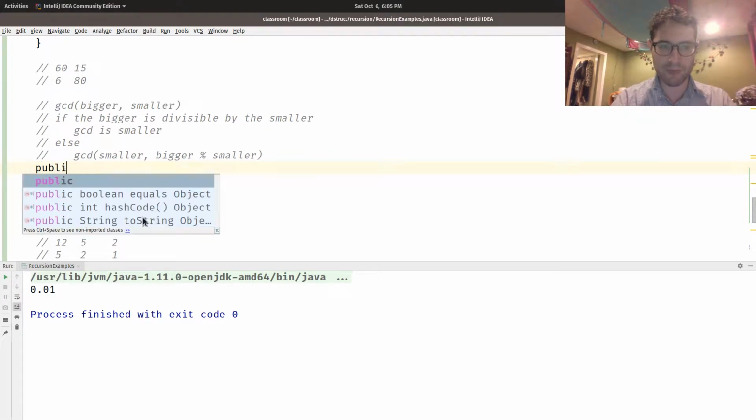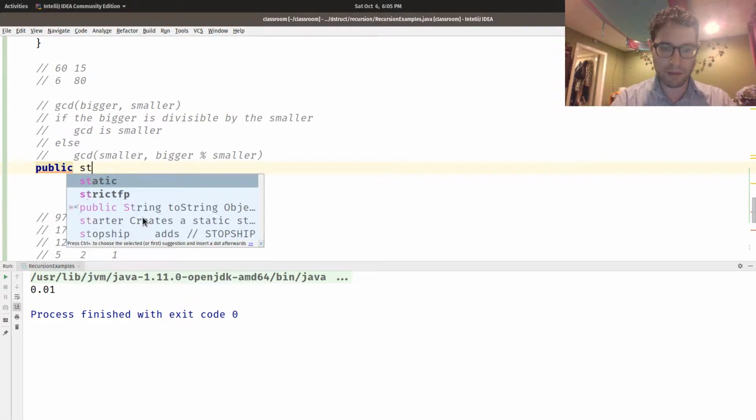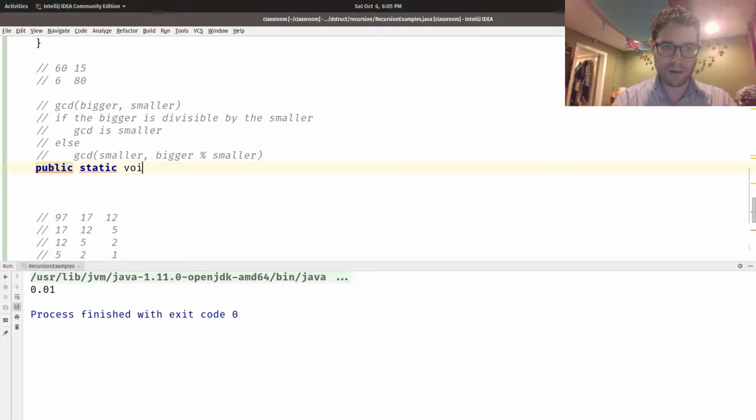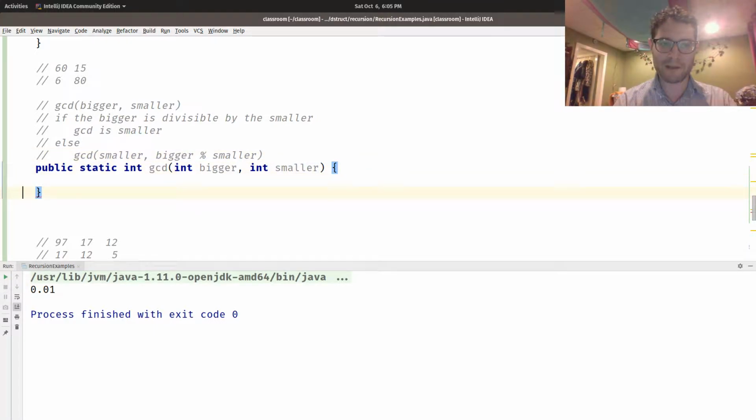In this problem, we are doing public static int GCD of int bigger, int smaller. As I was saying, we're not doing subtraction here, we're doing modulo. But let's think about our base case. What was the easiest case that we had, right? That was if the bigger is divisible by the smaller, and that's fairly straightforward to check.